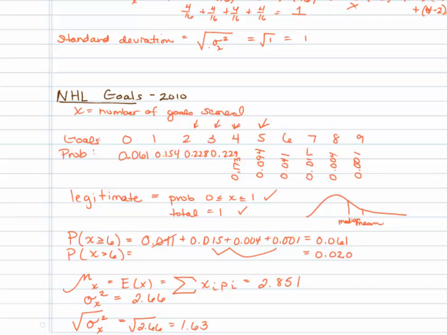And what this means is, on average, the number of goals in a randomly selected game will be away from the mean by about 1.63 goals. So typically away from the mean of 2.8 goals, they'll be up or down about 1.6 goals.